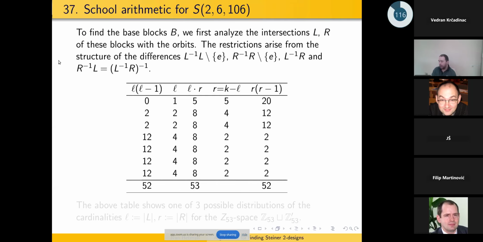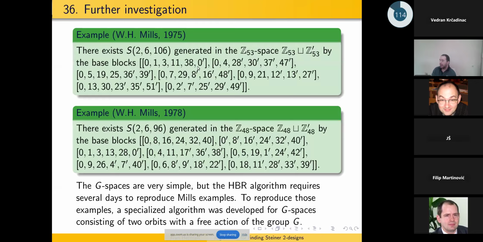Okay, now we have this specific table. Let L be the number of points in the left part of the base block, and R the number of points in the right part.